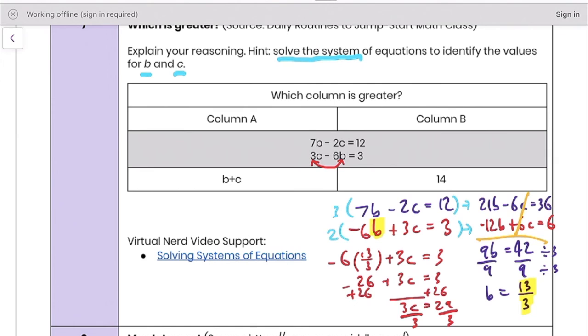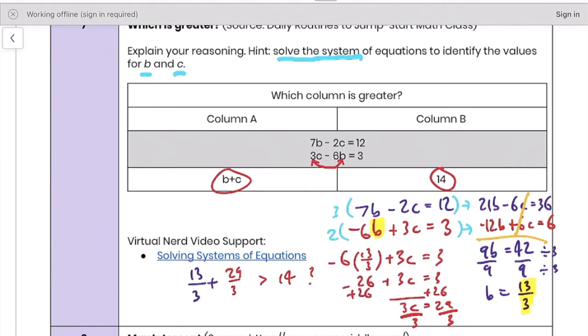So this one's kind of messy, but basically the question now is, is B plus C more than 14? So let's add B and C. B was 13 thirds. At least they have the same denominator. Plus 29 thirds. Is it greater than 14?